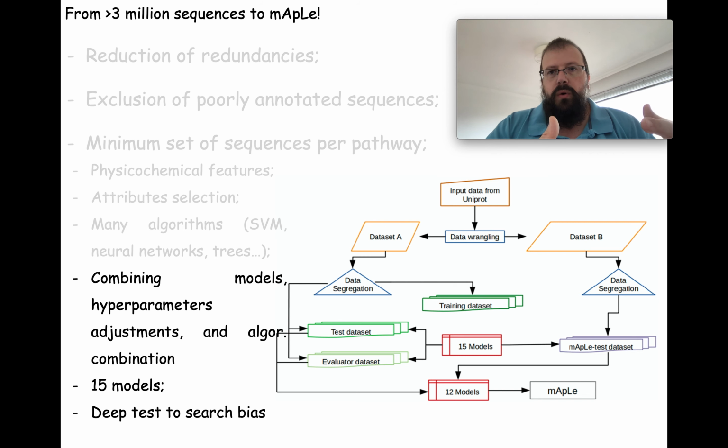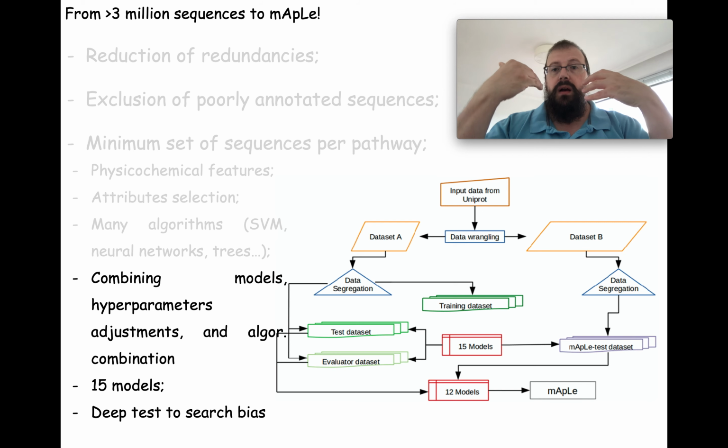We combined the algorithms, the most important attributes, the physical-chemical features. We did a hyperparameters adjustment. We combined algorithms, as I said. We created 15 models at the end of this whole process.